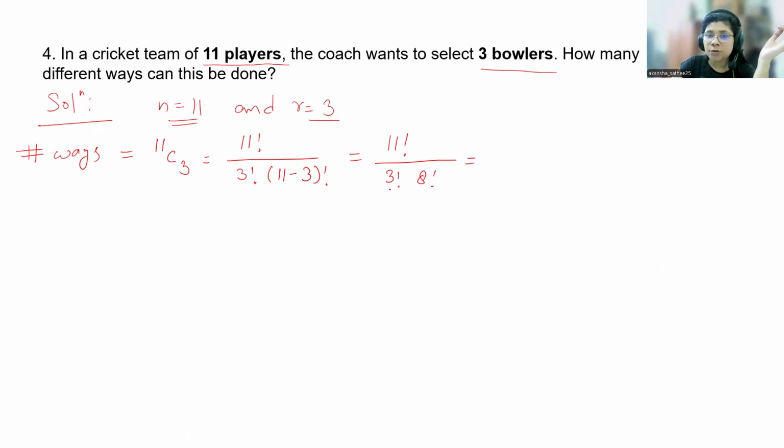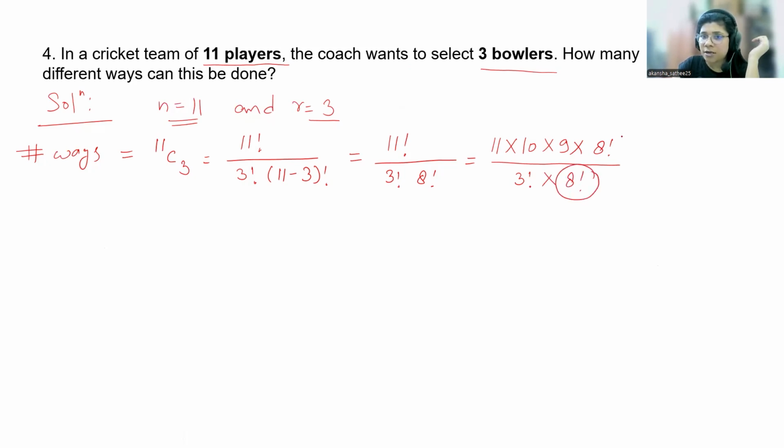So now again you can see that in the denominator 8 is bigger than 3. So split your 11 factorial into a product of certain numbers into factorial 8. So factorial 11 you can write as 11 into 10 into 9 into 8, 7, 6, 5, 4, 3, 2, 1. But that is nothing but factorial 8, right? Divided by 3 factorial into 8 factorial.